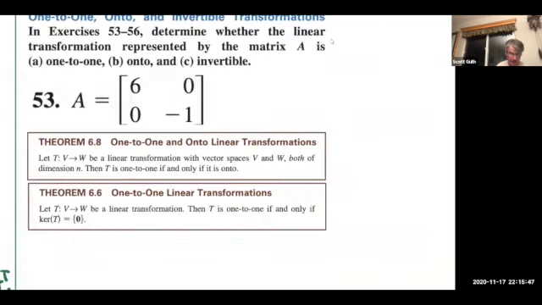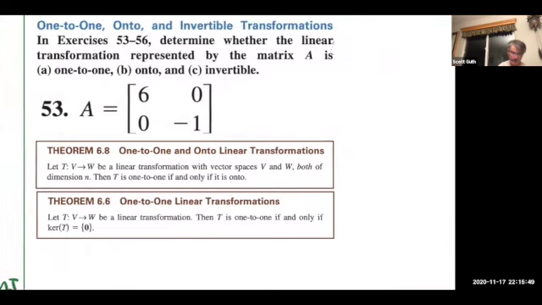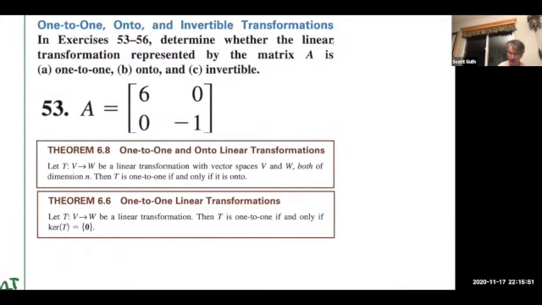Okay, so let's do number 53. We have to do a whole bunch of stuff. They give us a matrix, and I guess we should add that T of V is A times V. And because this is a 2 by 2 matrix, we should say maybe that T maps from R2 into R2.